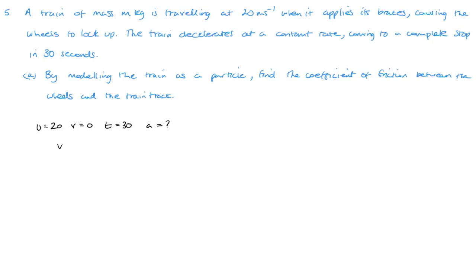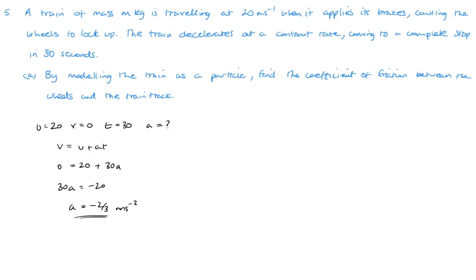Okay, so v equals u plus at. 0 equals 20 plus 30a. So 30a is negative 20, a is negative 2/3 meters per second squared. So we've got the acceleration, or the deceleration in this case.